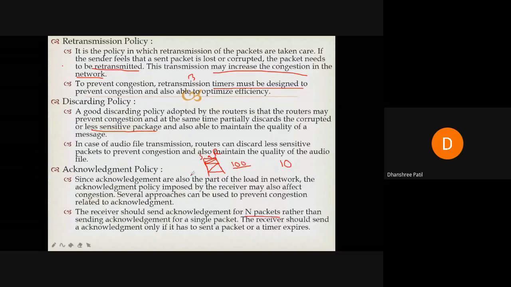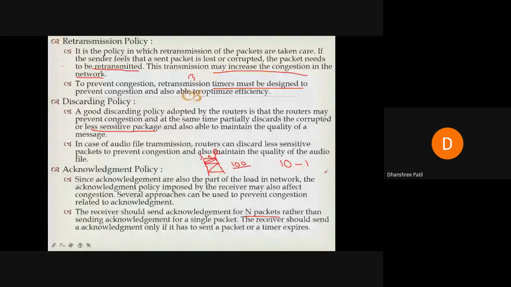For 10 packets only one acknowledgement, so obviously it will reduce the acknowledgement packet size. Am I right? That is nothing but the acknowledgement policy. This will reduce the burden on your network, and we can have control on the congestion.